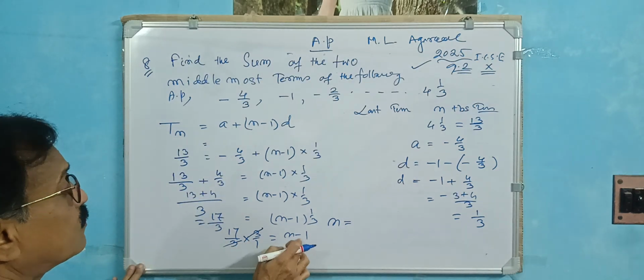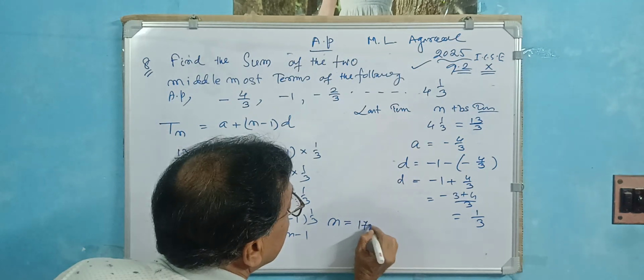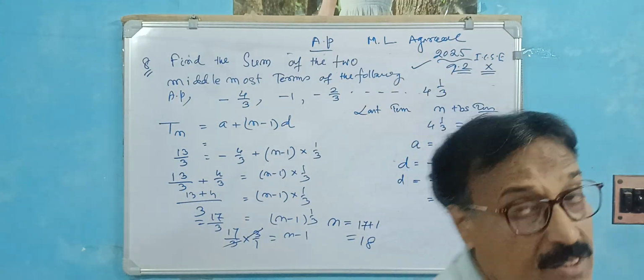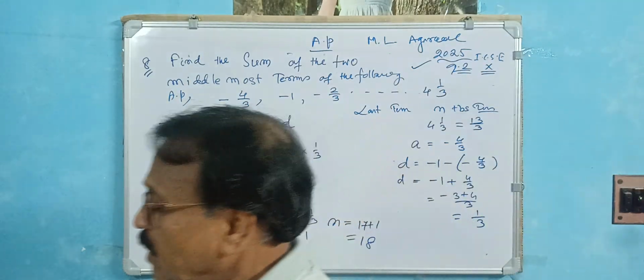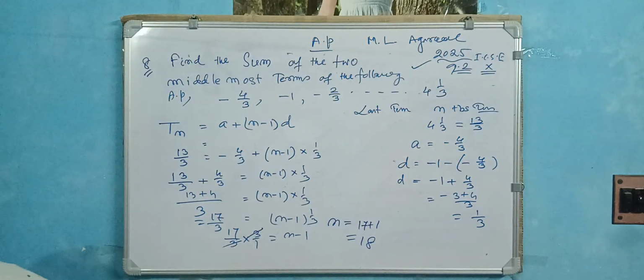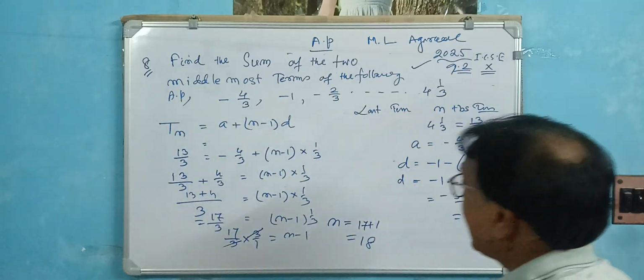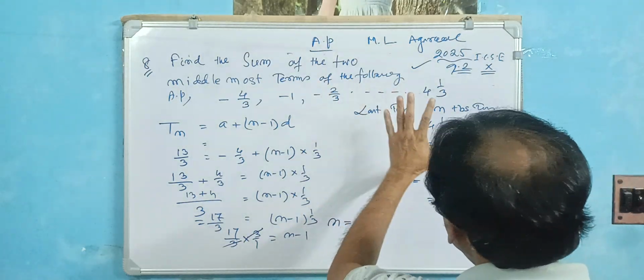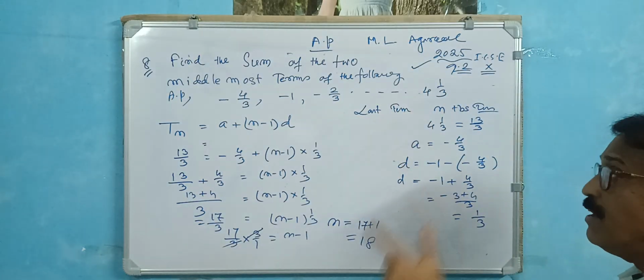N is actually 17 plus 1, 18. What is the total number of terms? The total is 18 terms. Is that clear? First you calculate the total number of terms.